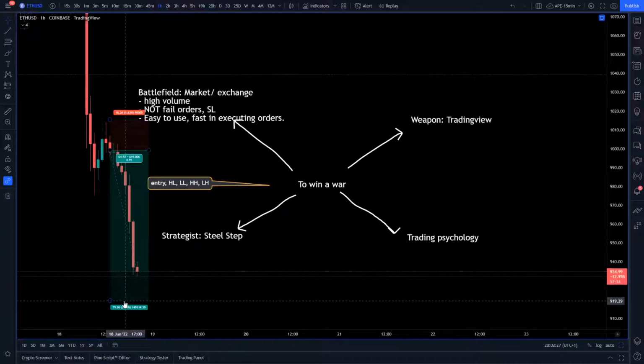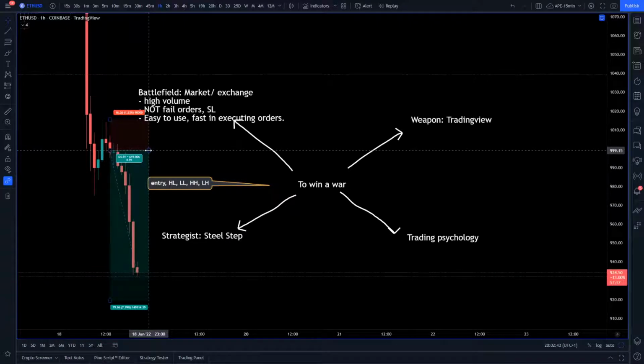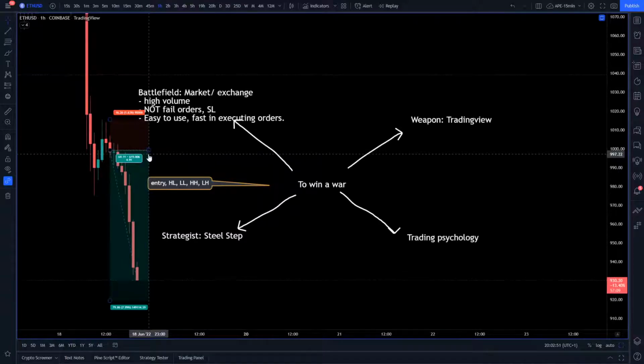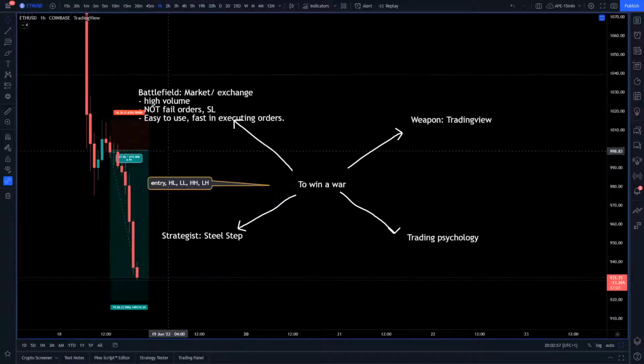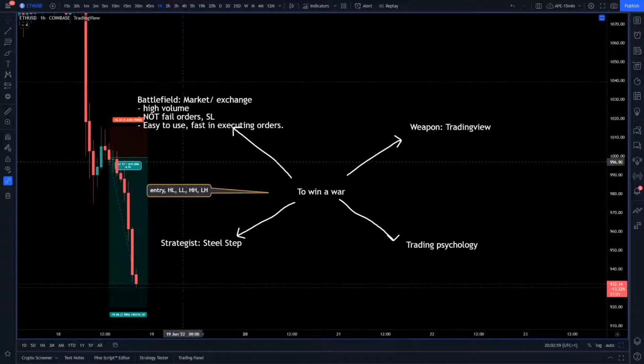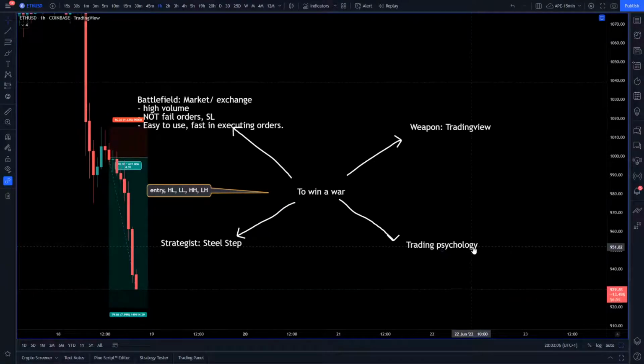And we have to follow through our target. So we have to have the perseverance, the will to win, the will to make money. So this is not dependent on random luck, random gambling or market condition. We set our target depending on what we analyze on the market itself. So that's trading psychology to me.